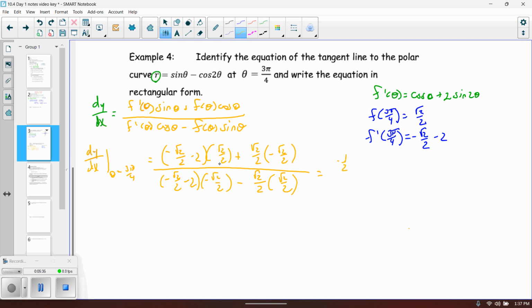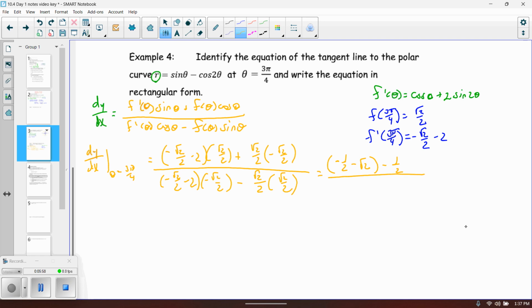And then 2 times root 2 over 2 is going to give me root 2. Okay, so that's the first one on the top there. Plus, actually that should be minus now because I'm multiplying a positive times a negative. Again, root 2 times root 2 is 2 over 4, so that's 1/2. So there's the numerator so far.